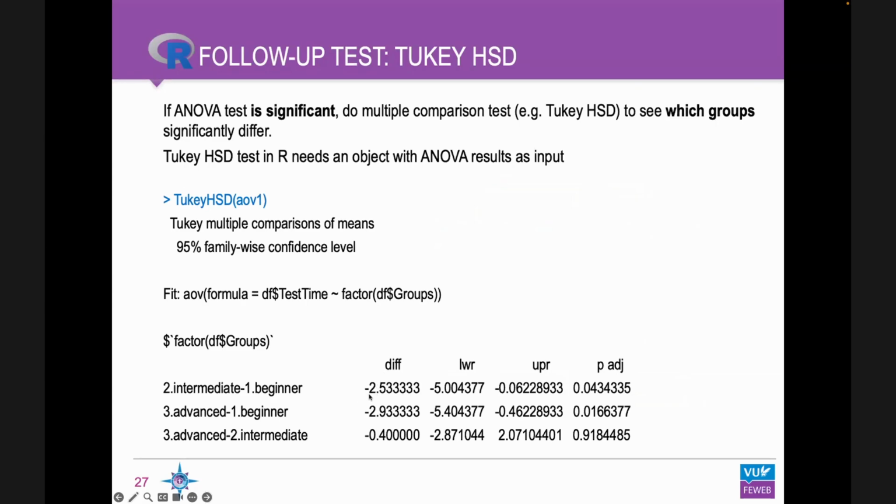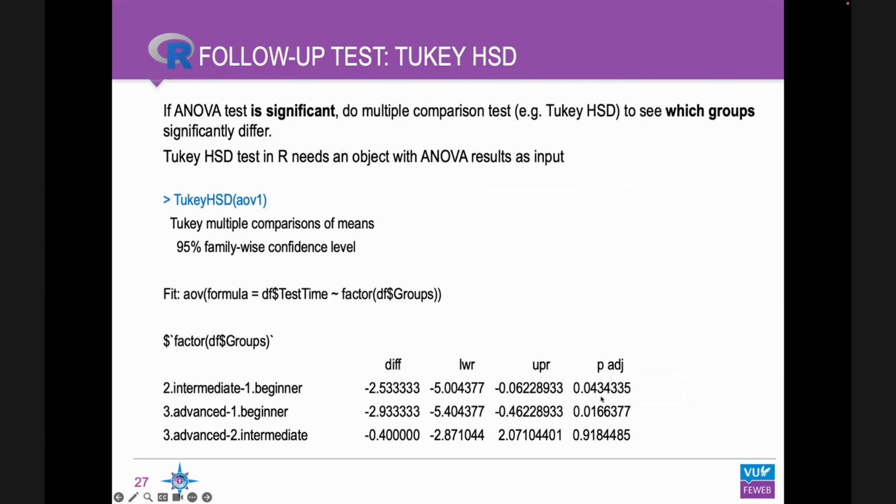And this difference is minus 2.5, meaning that when I take the mean of intermediate and subtract the mean of beginner, I see minus 2.5, which means that in the beginner group the time it took to complete the task is higher, right? So intermediate minus beginner is negative 2.5, meaning that beginner minus intermediate is 2.5.